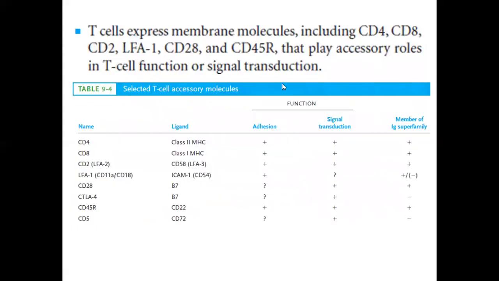And the T cell expresses membrane molecules including CD4 and CD8 that differentiate the T cells as cytotoxic and helper cells, and other molecules CD2, LFA1, CD28, CD45R. These all play an accessory role in T cell function or signal transduction. So just the molecules which are associated are given here.